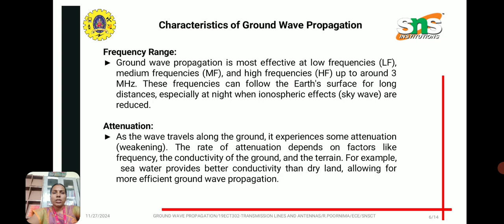Next is the attenuation. As the wave travels along the ground, it experiences some attenuation. The rate of attenuation depends on factors like frequency, conductivity of the ground, and terrain. For example, seawater provides better conductivity than dry land, allowing for more efficient ground wave propagation.